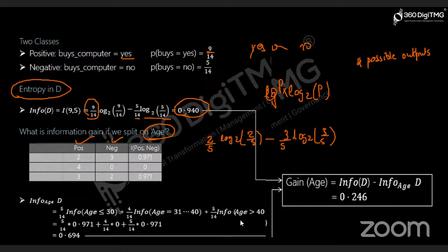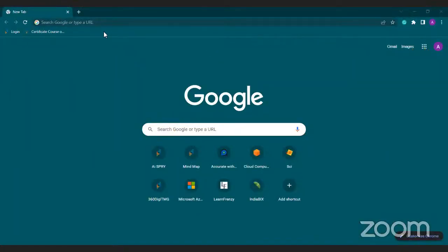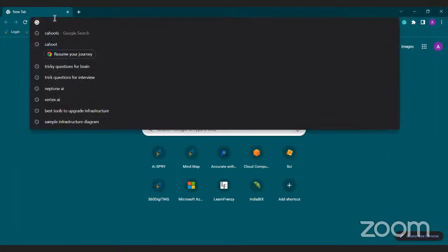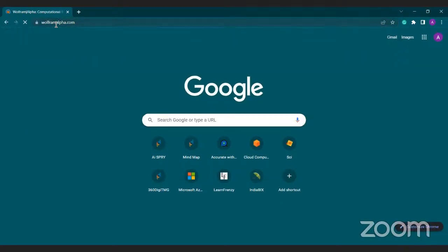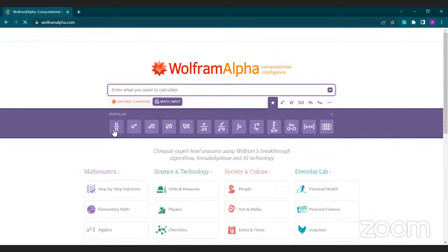I think we can try this. Let's go to our friends over at Wolfram Alpha.